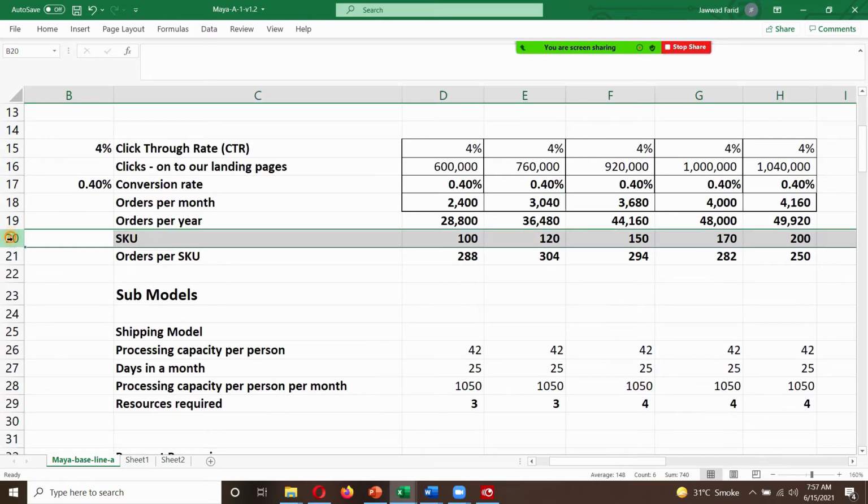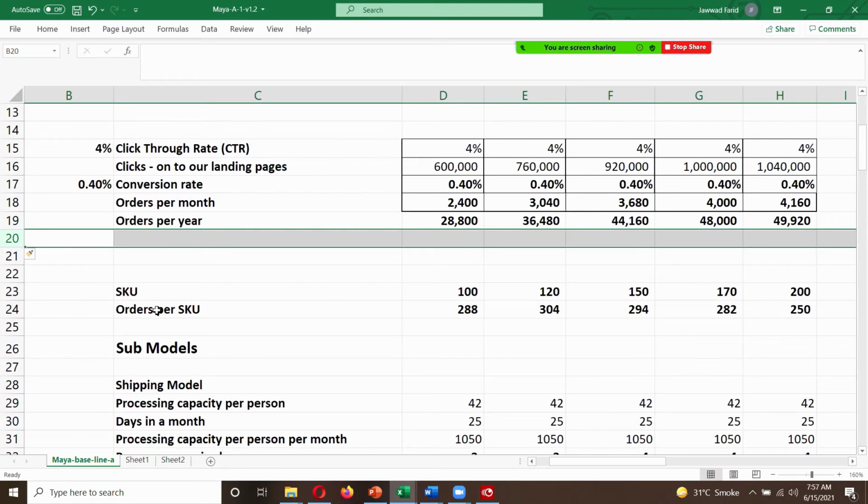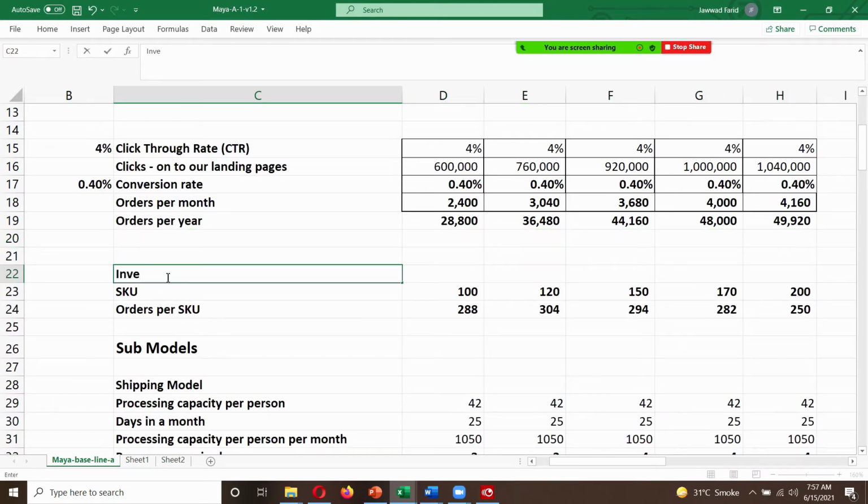Let's do this: SKUs. This is actually our space model. Inventory warehouse space model.